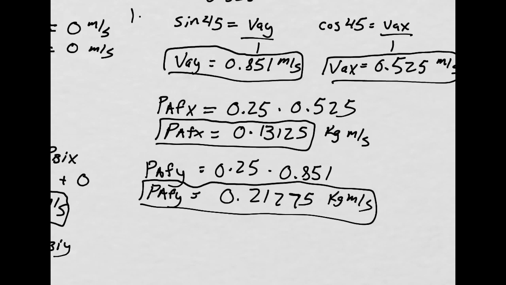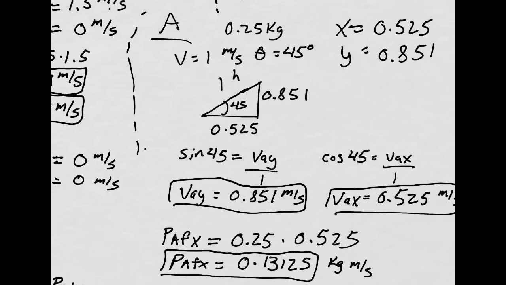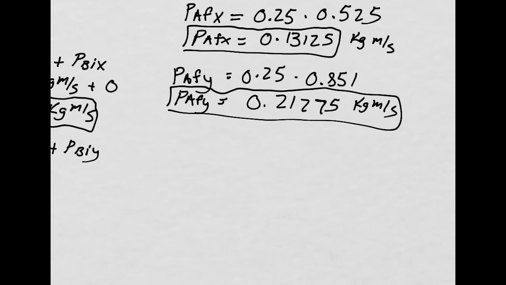Cool. So now we need to go to ball B, which has a bunch of unknowns. Ball B also has a triangular shape. It has theta, and it has V. So VY and Vx, which are all unknowns.